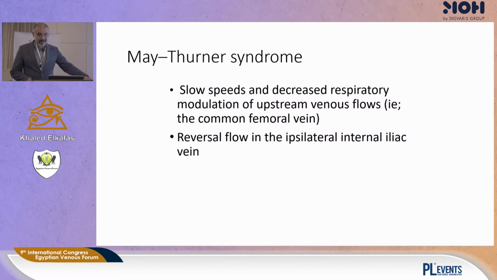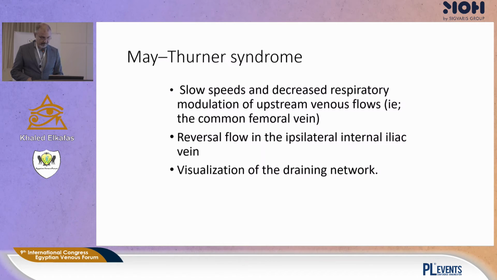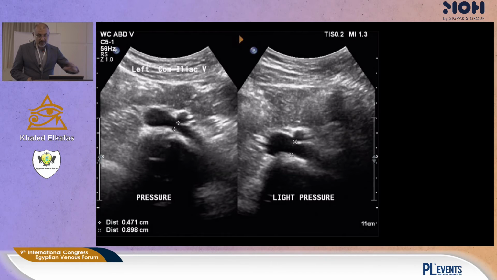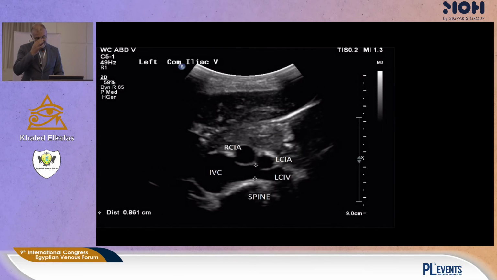Also, we can see reflux or reversal of flow in the ipsilateral left internal iliac vein, and we can find some collaterals around the iliac vein. Also, the same principle, don't exert any pressure while examining the iliac veins.